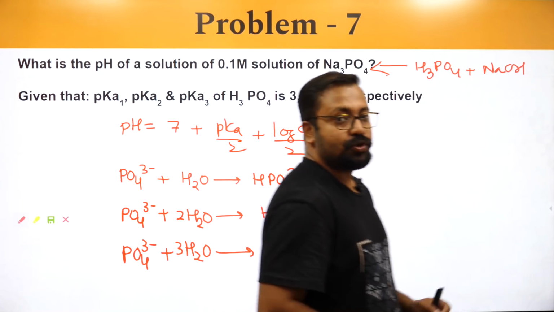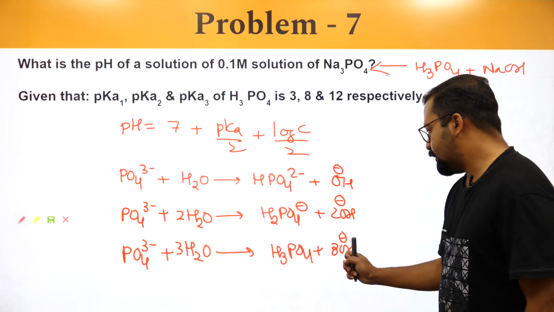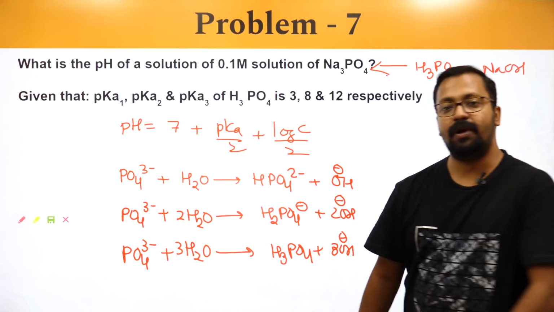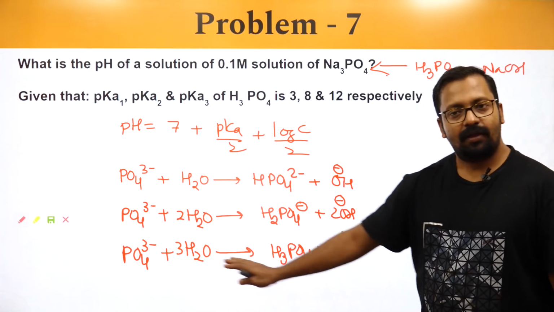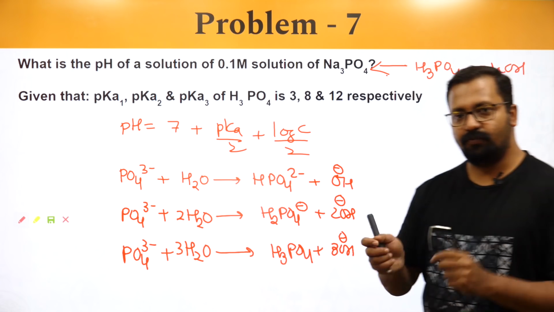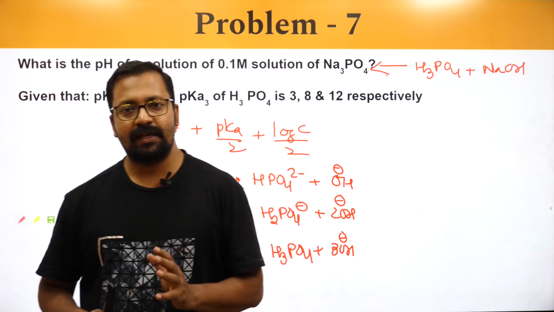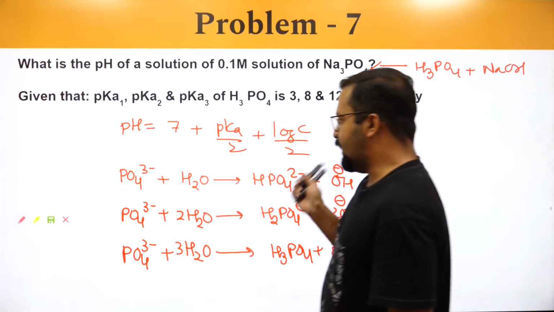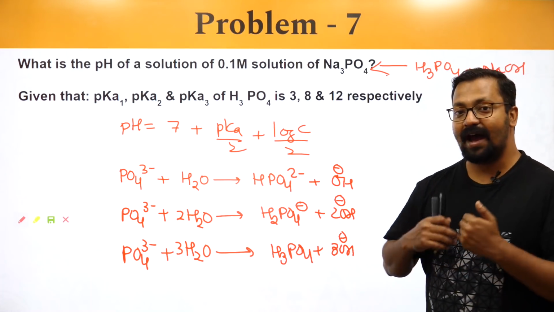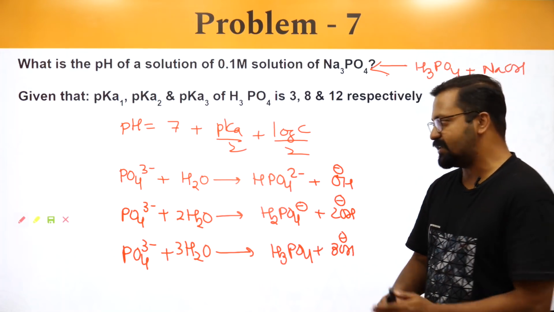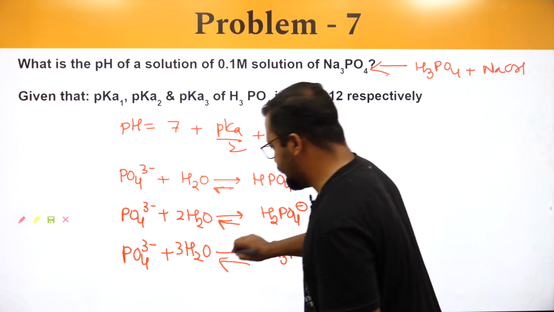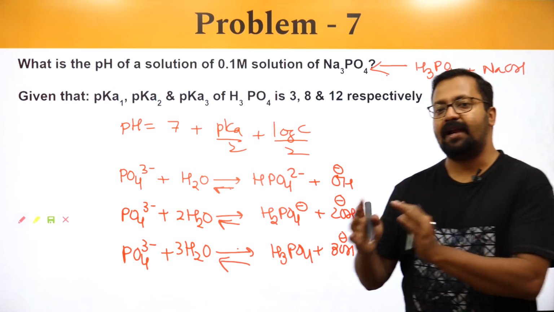Now most students will think that since 3OH minus is produced, I should take this equilibrium into account. Let me explain how this works. When I perform hydrolysis, the equilibrium taken into account will be the one with the highest equilibrium constant. In ionic equilibrium, the one with the larger equilibrium constant is given priority.